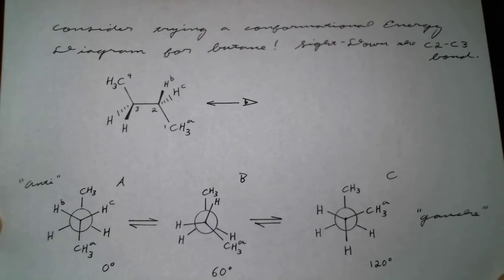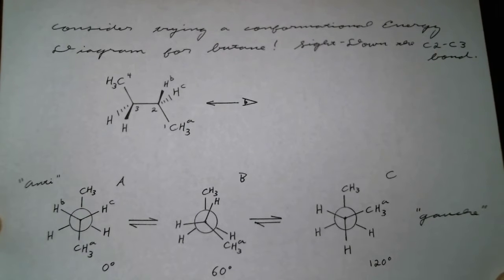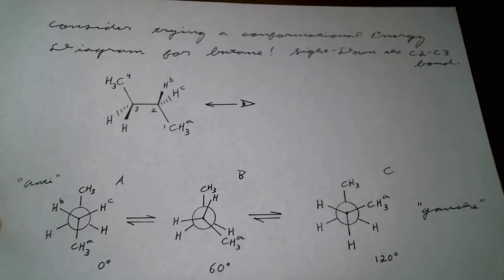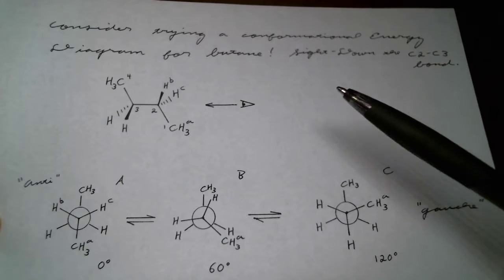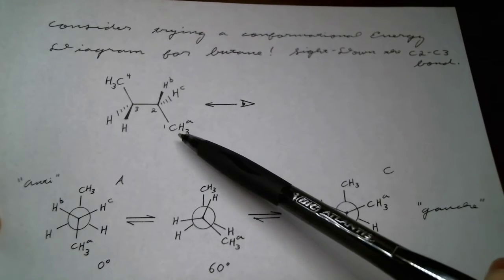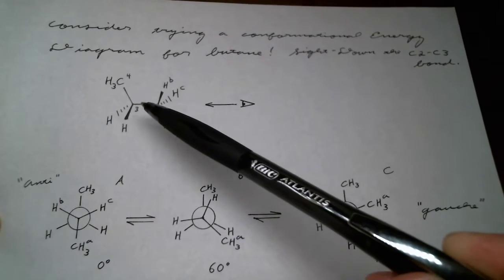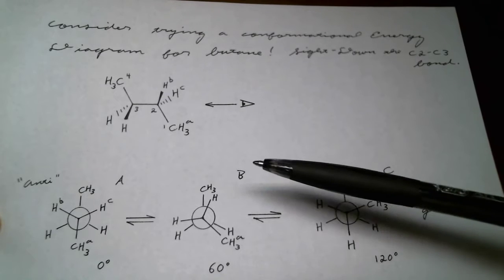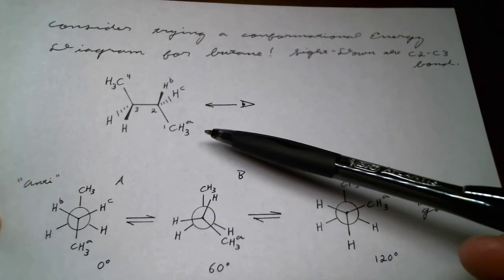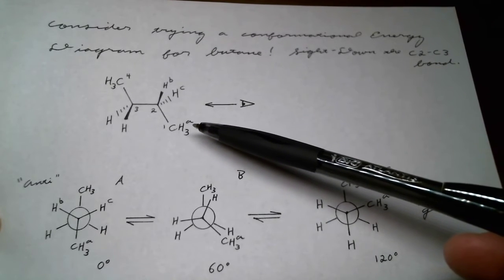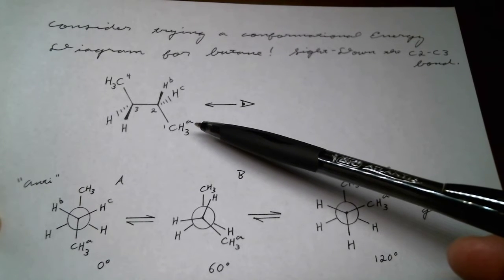First, it's important that we choose to sight down the carbon-2, carbon-3, the C2-C3 bond. So we've drawn our imaginary eye looking down the C2-C3 bond of butane. There are 1, 2, 3, 4 carbons in this molecule. And I've labeled this methyl group CH3A.